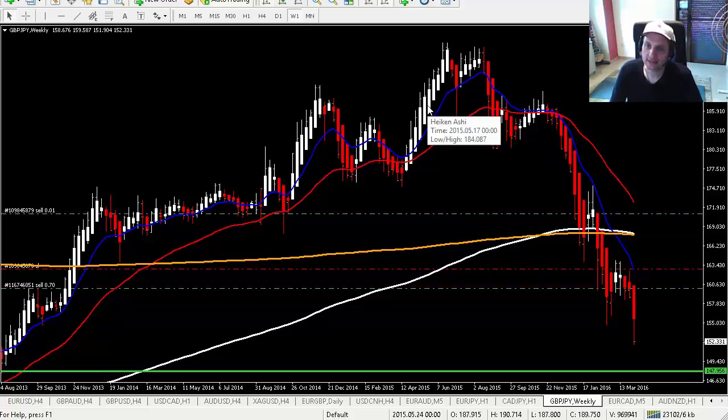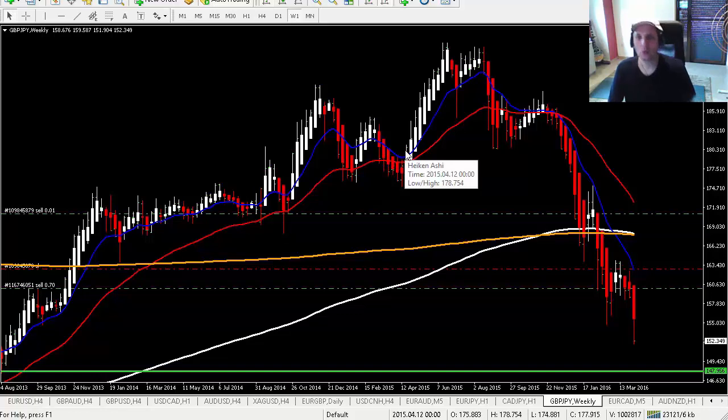Heikin Ashi candles over price action, so not the classic standard candlesticks, but Heikin Ashi candles. Why? Because you'll see the strength of buyers and sellers in each candle without needing to identify a doji or a pin bar or engulfing patterns and things like that. White, in this case, I gave it the color white. You can change the colors, of course.